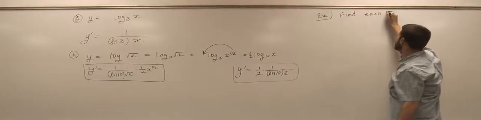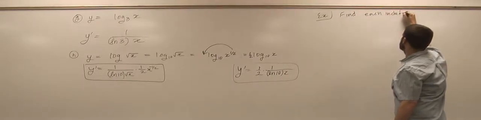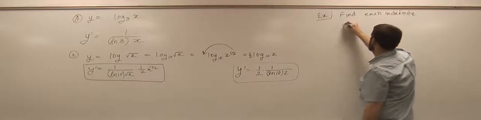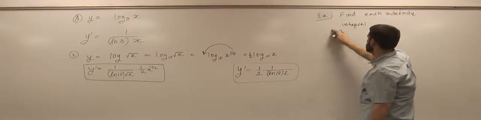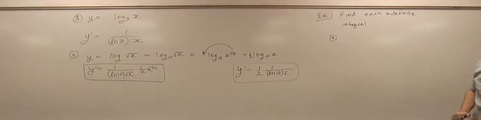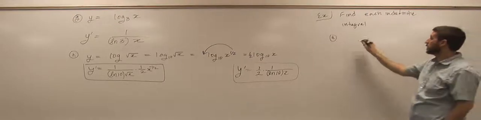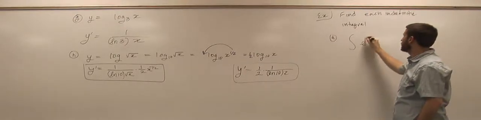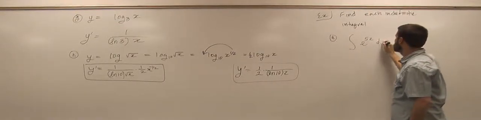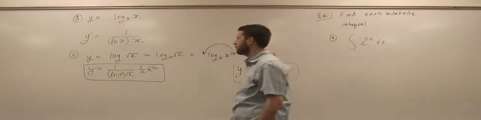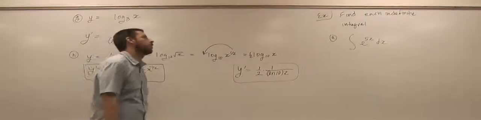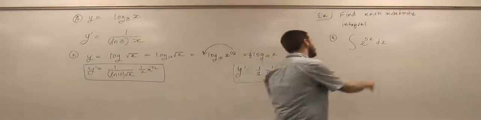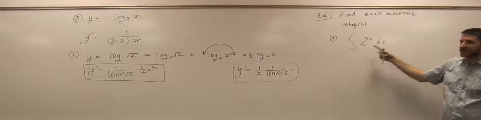Find each indefinite integral. What about when you want to take the integral and you have an e to the x? How do you do that? The integral of e to the x is e to the x.